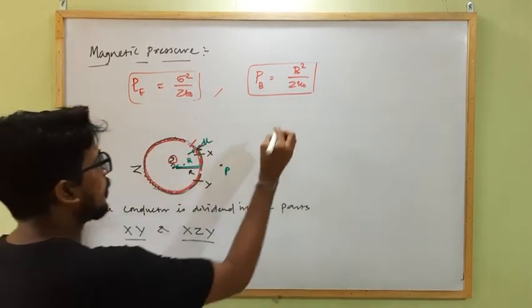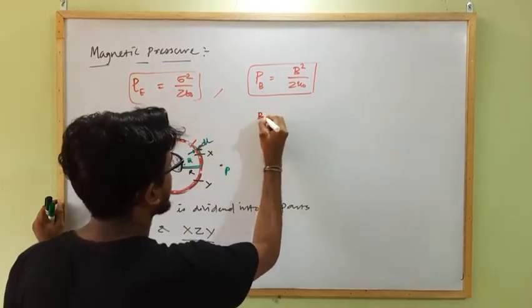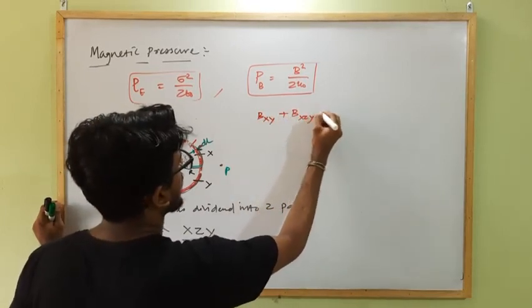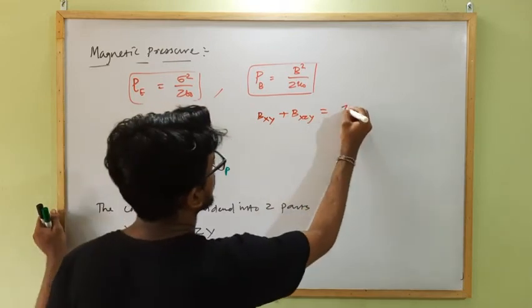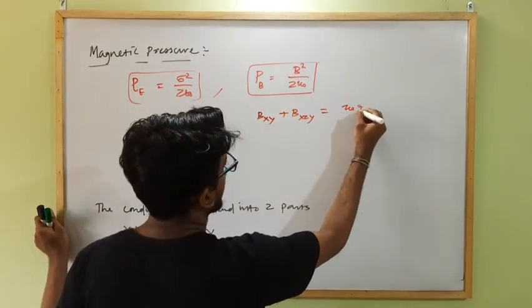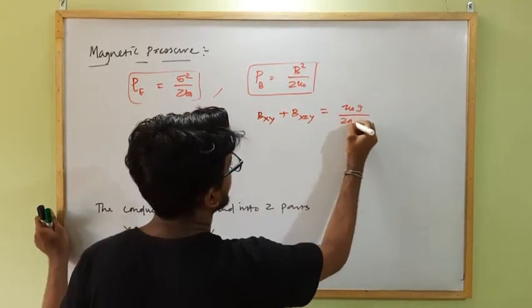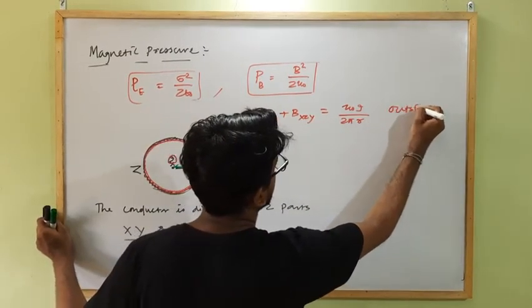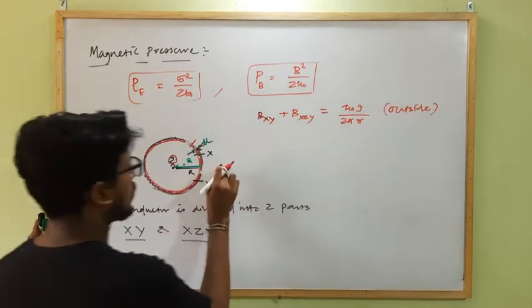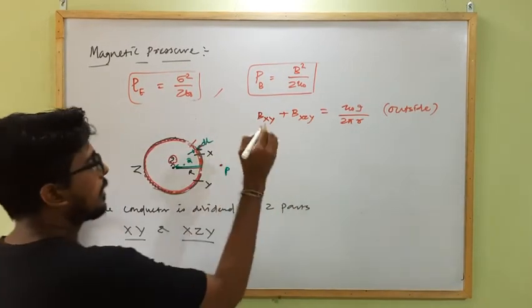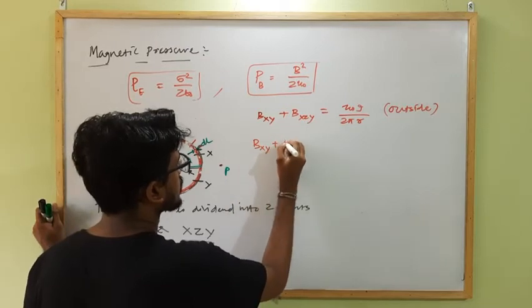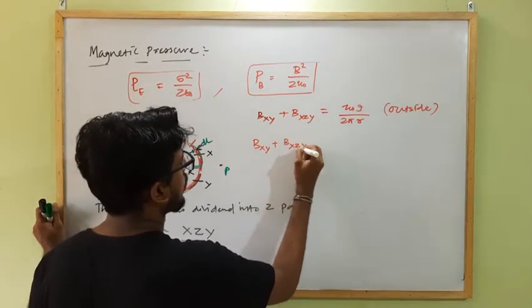So Bxy plus Bxzy equals mu naught I divided by 2 pi r outside of the conductor. Clear? Similarly, B due to xy plus B due to xzy.